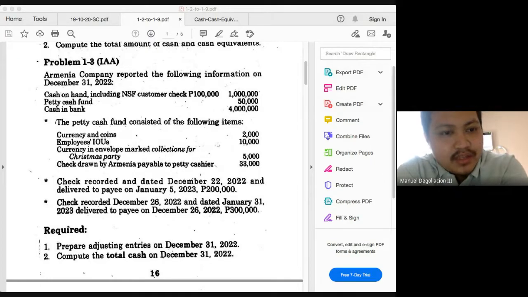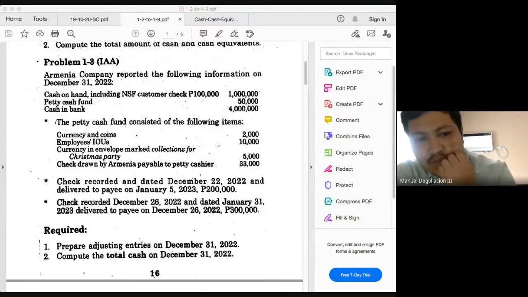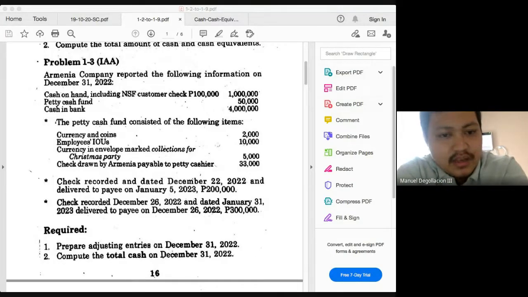So that means the cash in bank appearing in our records of 4 million was already reduced by the check payment recorded on December 22. Our issue now is, was it correct for us to have recorded the 200,000 payment as a payment in 2022? The answer is no, because by the end of 2022, the payment was still undelivered. It remained undelivered. So as far as everyone is concerned, no payment has actually taken place. Because again, payment cannot happen without us delivering the check to the intended payee.